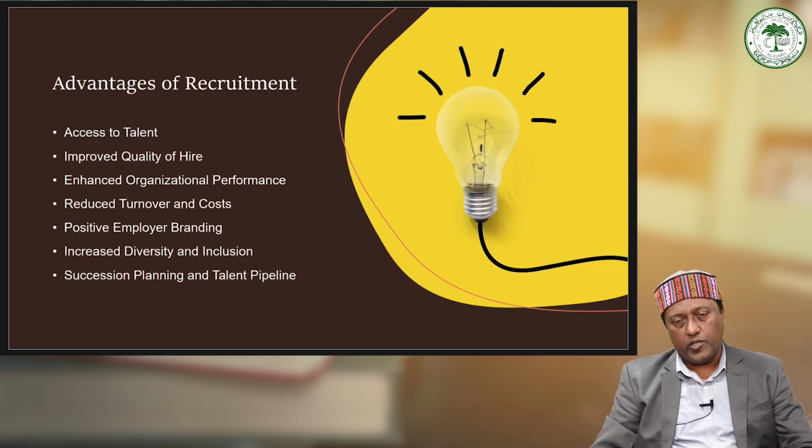This is how the organization has to be nurtured. This is how the organization has to move. Otherwise, if you don't have the second line and third line ready, at any time your organization or institution can collapse. So whenever human resource management practices are executed, they see that the succession line should be very clear.